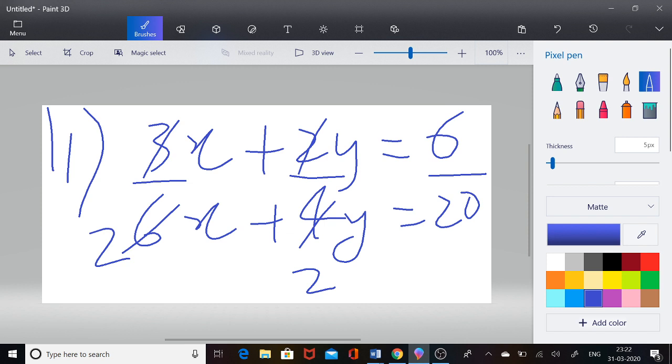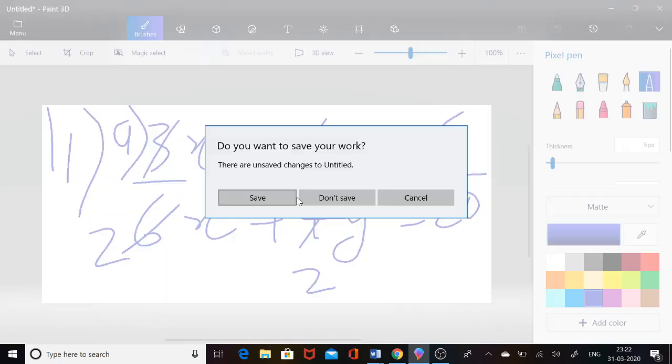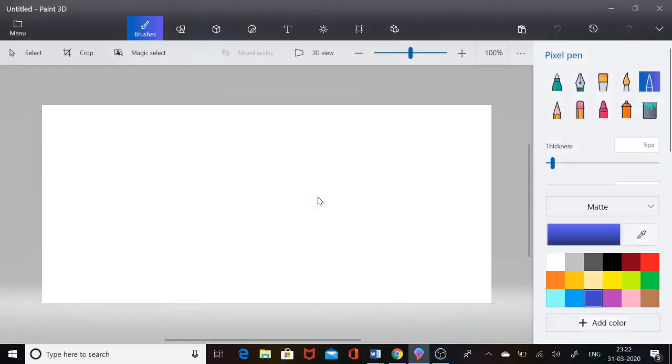So obviously that is false, that's why it is going away from the origin. So 11th is A.